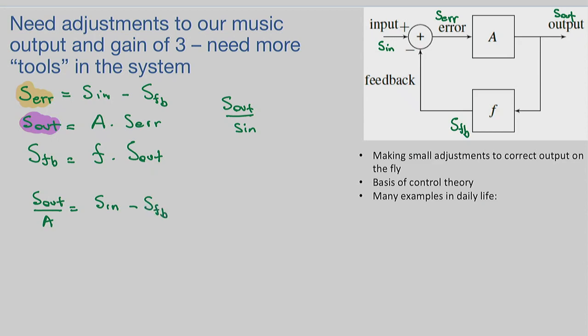Now I can take the definition of signal feedback. Different color. Signal feedback is F, this multiplier, times signal out.